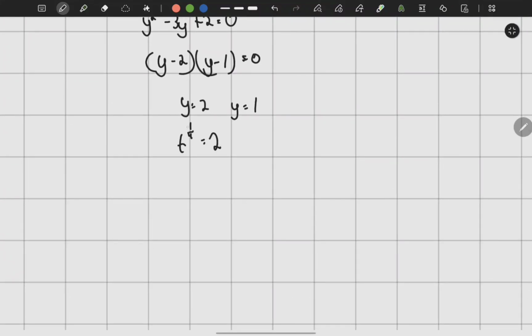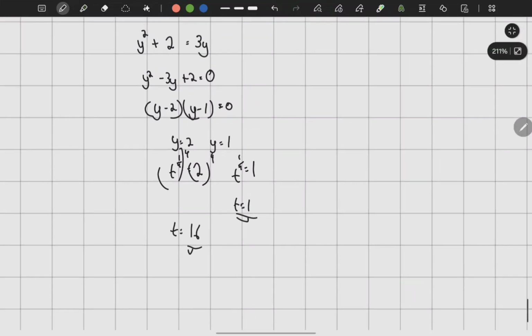So we would have to raise both sides to the power of 4 to get rid of the quarter, because the 4 and the quarter cancel out, so we get t equal to 16. And over here, t to the quarter was 1, so 1 to the power of 4 is just 1. So those are the solutions for t.